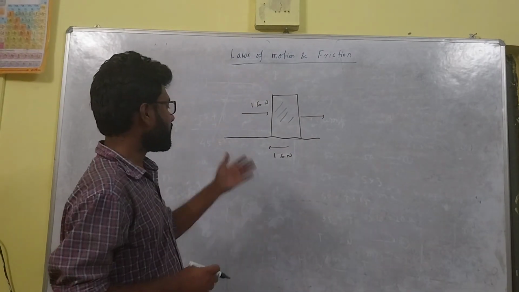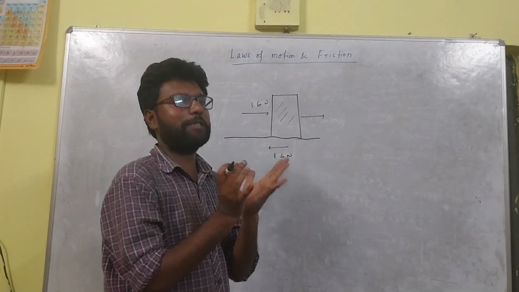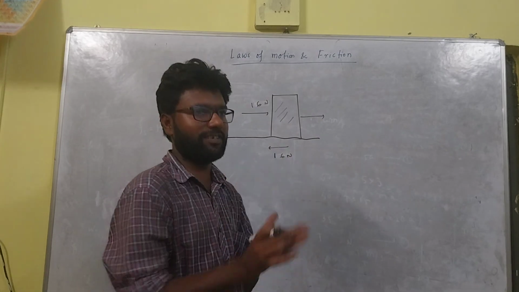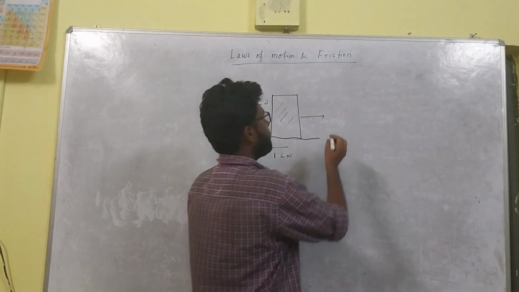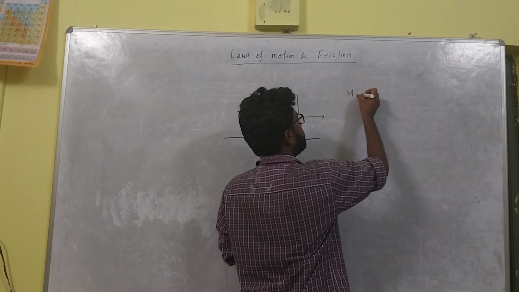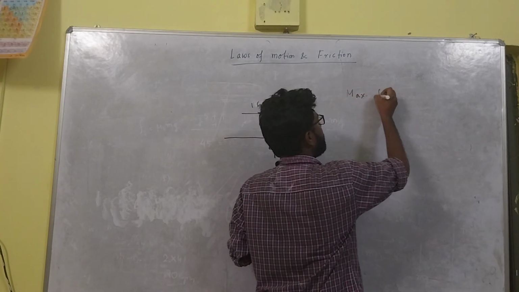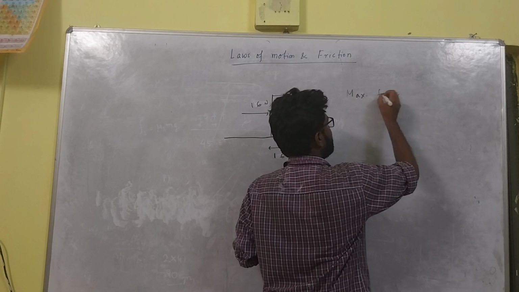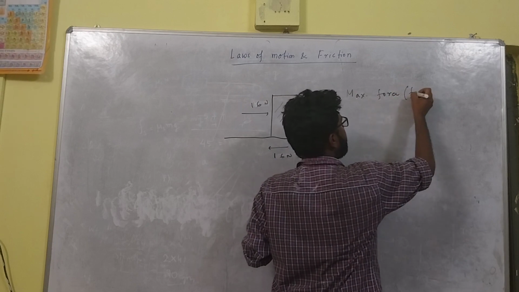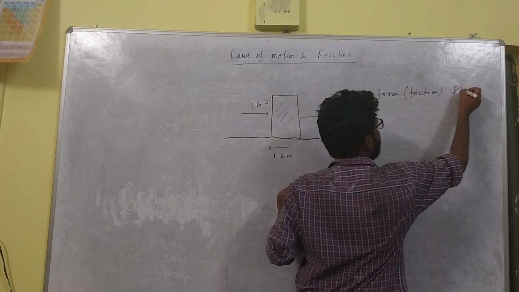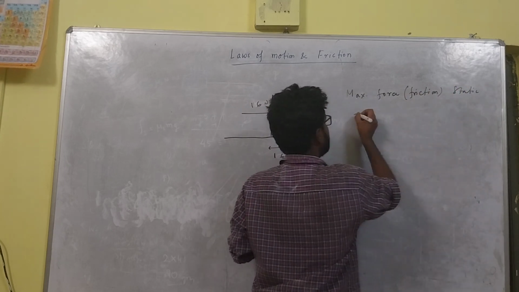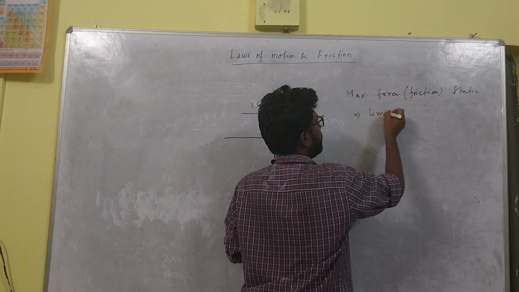And it has a maximum value that can resist the applied force. So the maximum force of static friction is called limiting friction, right?